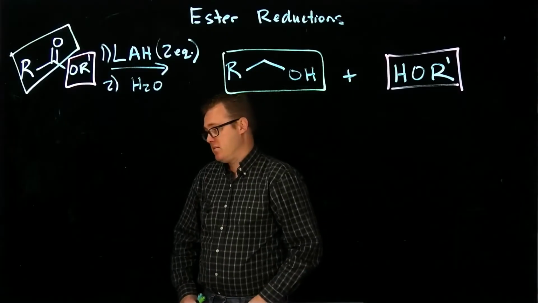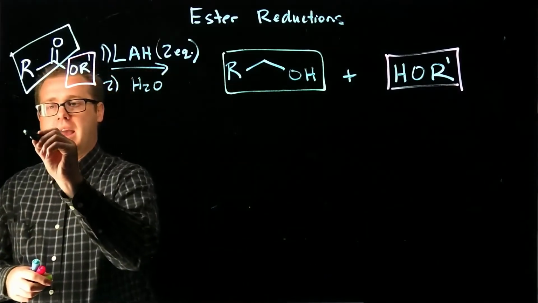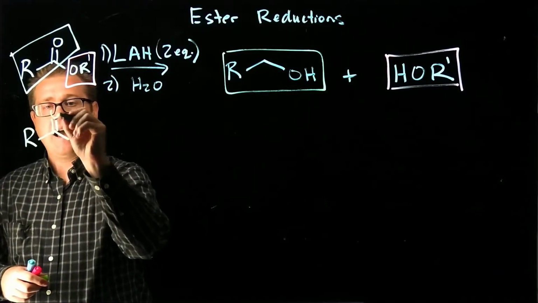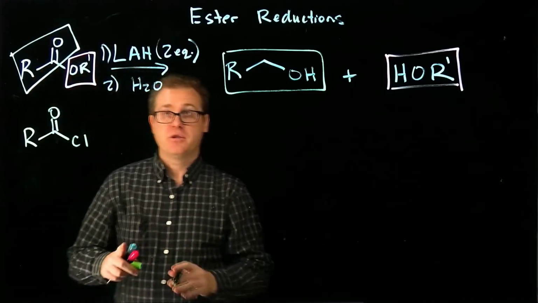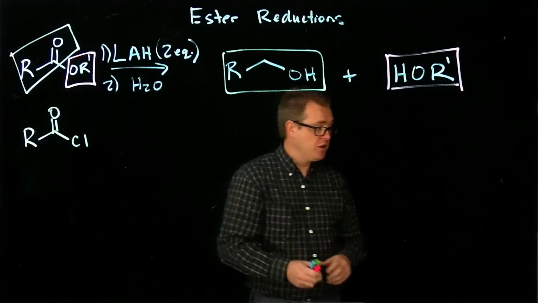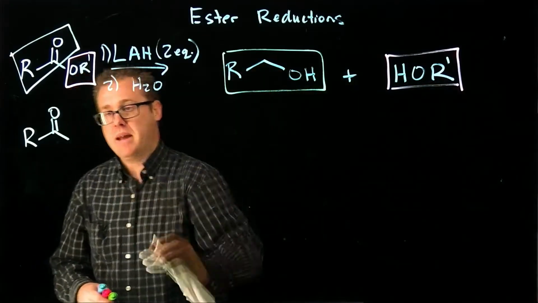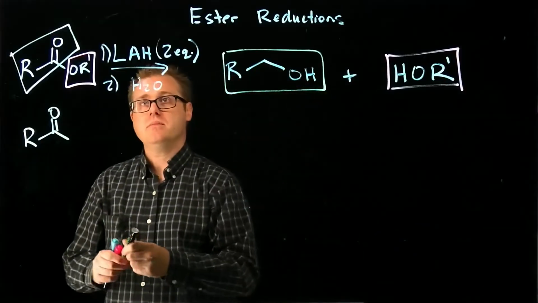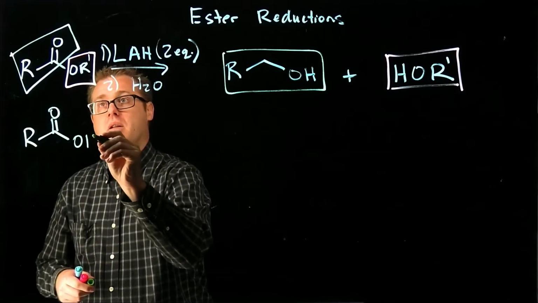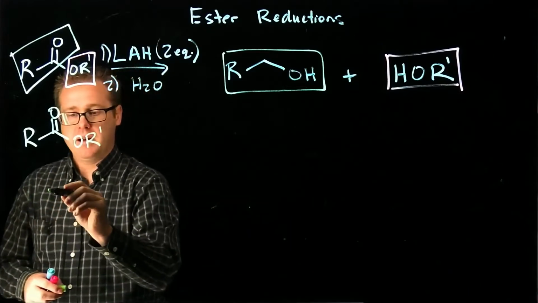Now the mechanism of this is analogous to when you took an acid chloride and treated it with lithium aluminum hydride. It's very, very similar. But we have an ester, so let's look at that mechanism. So what do we have? Lithium aluminum hydride.